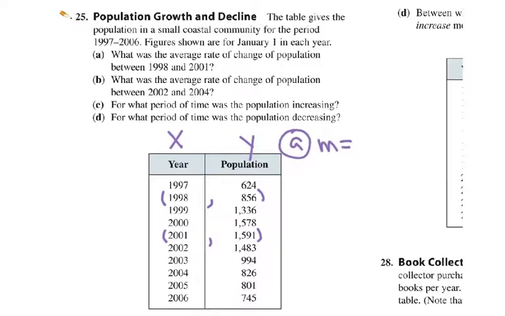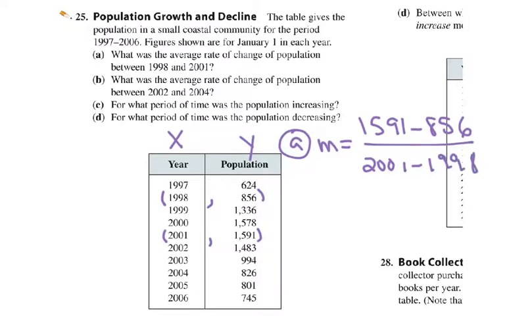So my average rate of change is going to be y2 minus y1 over x2 minus x1. So the numerator is 735 and the denominator is 3. And 735 divided by 3 is 245. Now what does that answer represent?